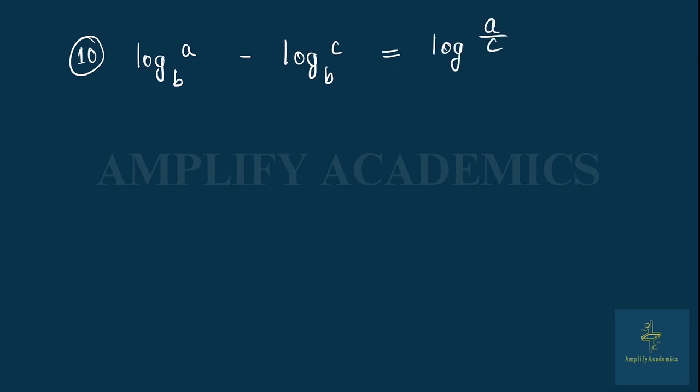So A over C, and the base is B. It's the same thing as the previous property, where your bases have to be the same in order to carry out any sort of operation.